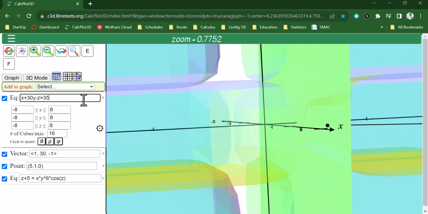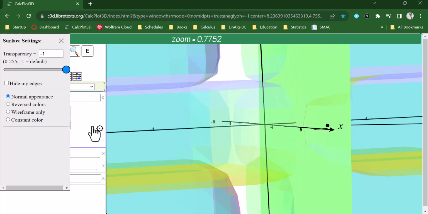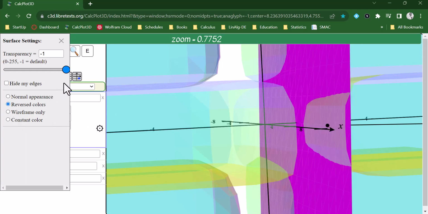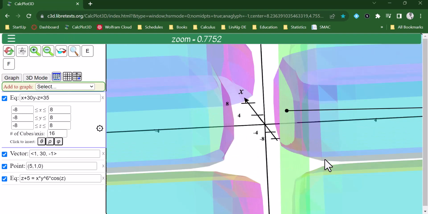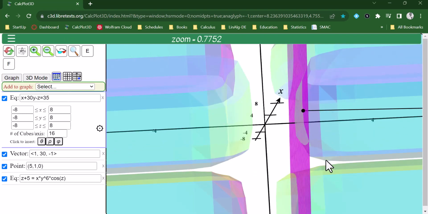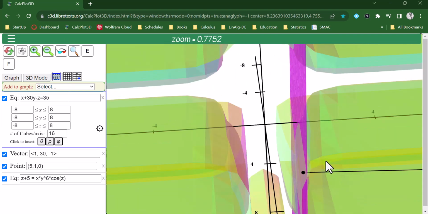All right. There it is. It's kind of hard to see. Maybe we reverse the colors so that it'll look different from the original graph. And then make it slightly transparent. You can see, it's hard to see, but it looks like it is tangent at that point.